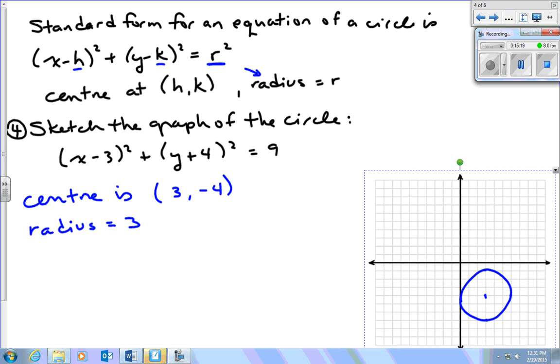And again, it's very hard to make a circle look exactly like a circle, but try to keep things rounded at the vertices or whenever you're taking a corner, and it will look pretty good. So there's our circle.